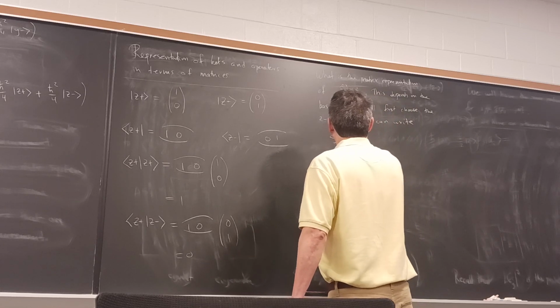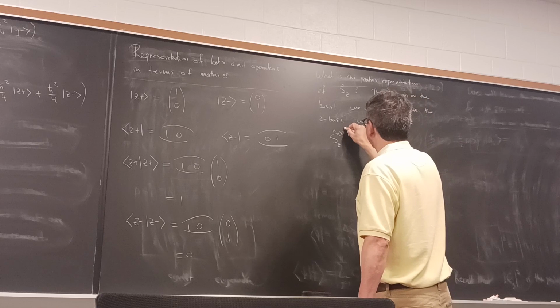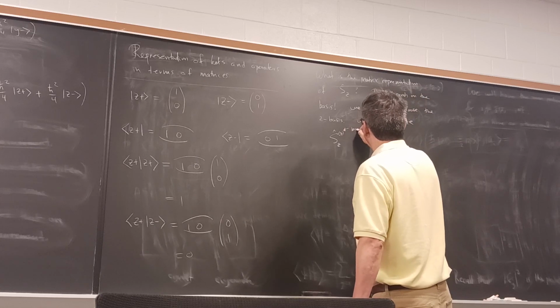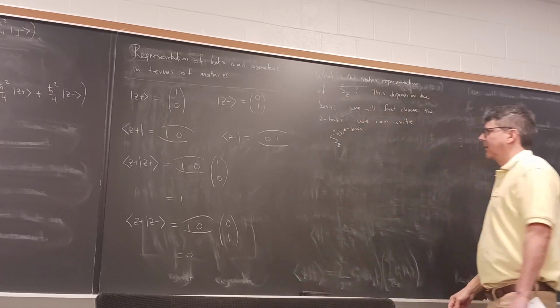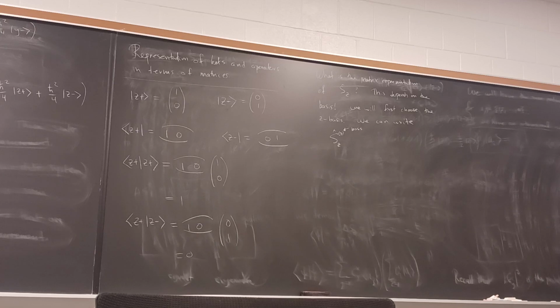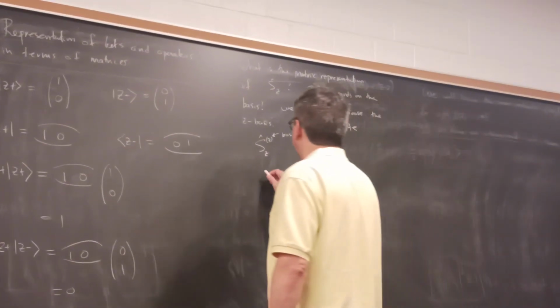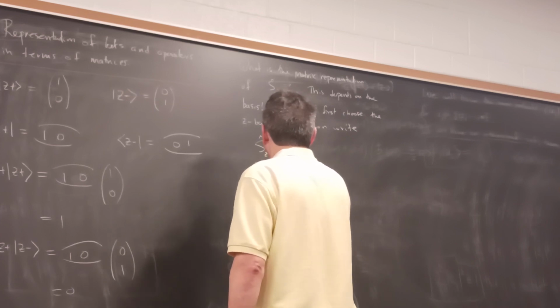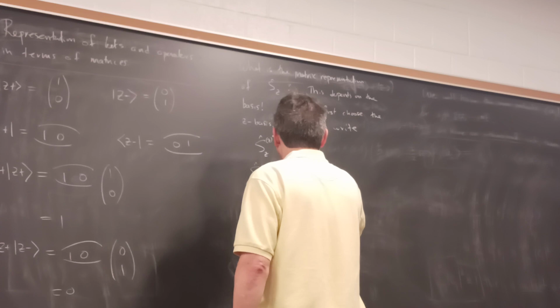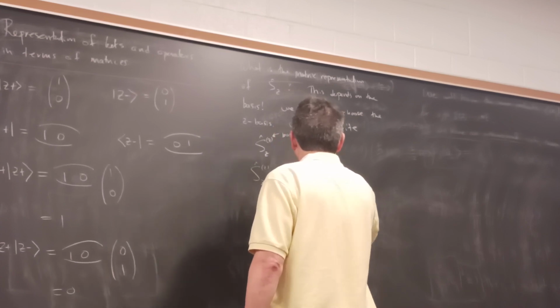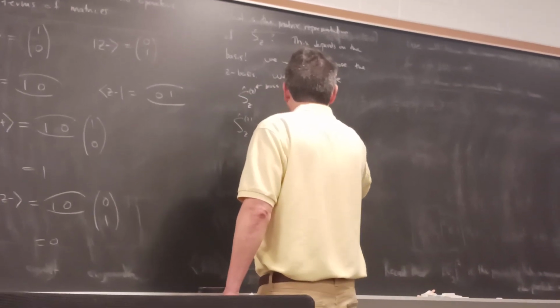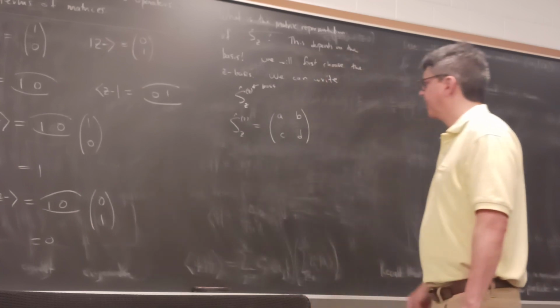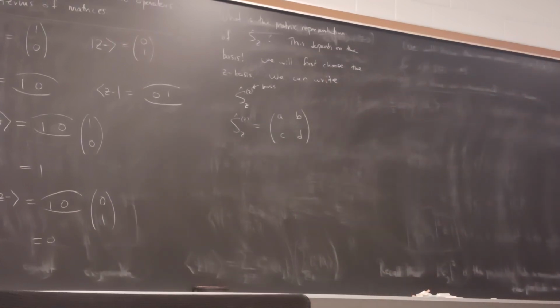We can put a little superscript here that tells us what basis we're in. Okay? Just to be clear. And so let's go ahead and write it down. We can write the matrix now just as A, B, C, and D. So we don't know what they are, we have to find them.